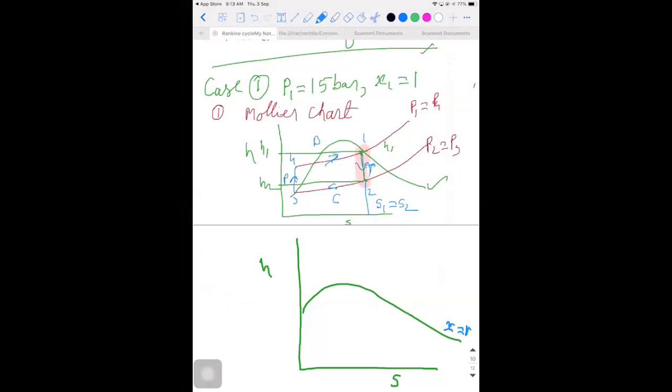Boiler pressure is available here, and it will be expanded to condenser pressure. First of all, let us have P1. What is P1, sir? 15 bar. Of course, P2 is also given. What is P2, sir? 0.4 bar. Okay. And now let us see.